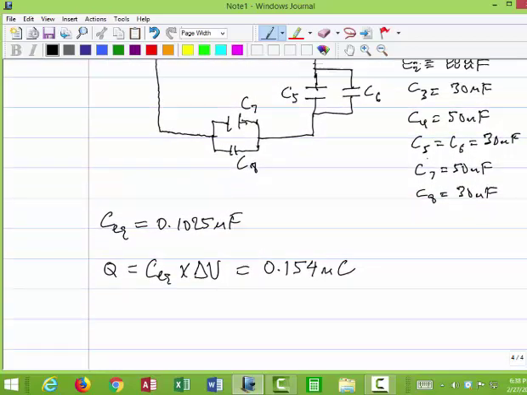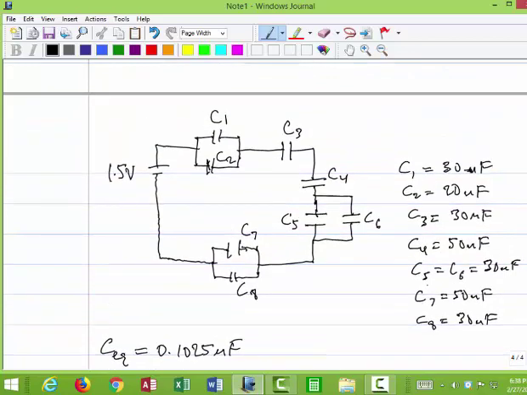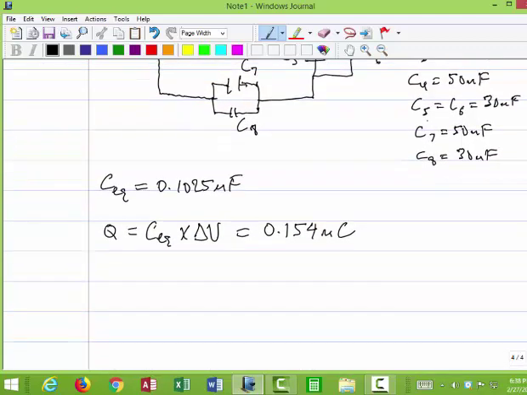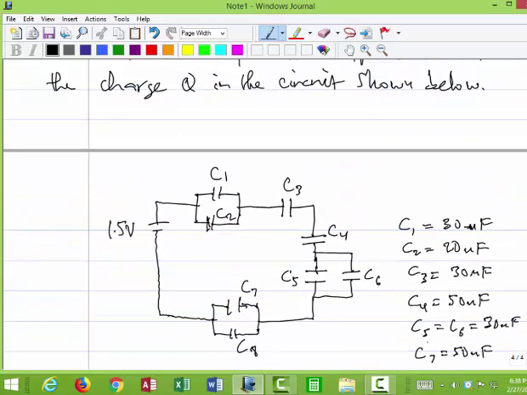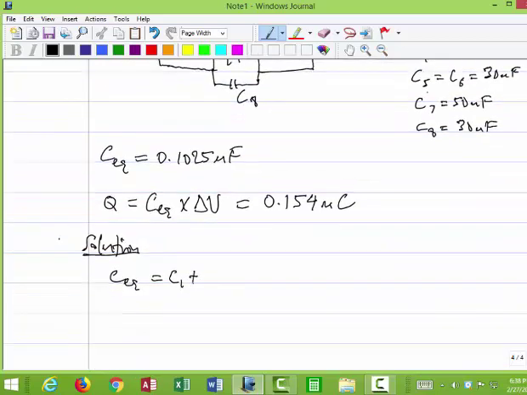So we can do C equivalent for C1 and C2. We'll do it for C5 and C6, and then C7 and C8, since those are all in parallel. So let's do the solution. Let's do C1 and C2 first. So we'll have C1 plus C2.